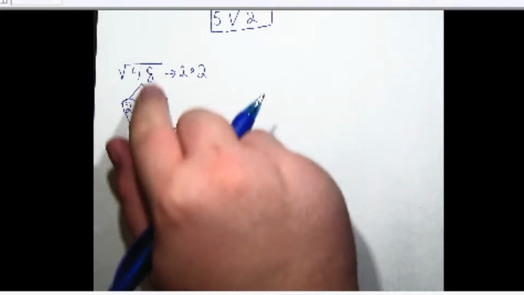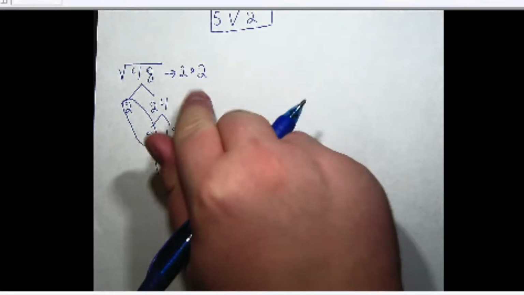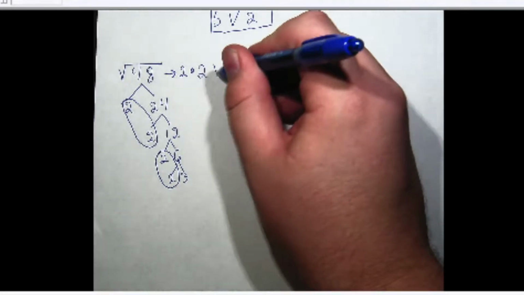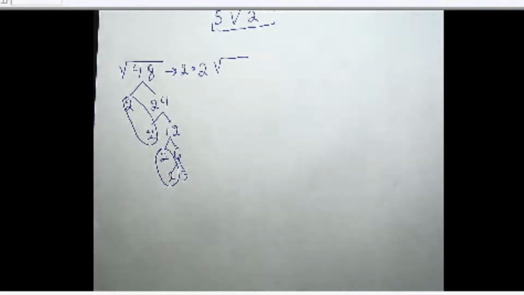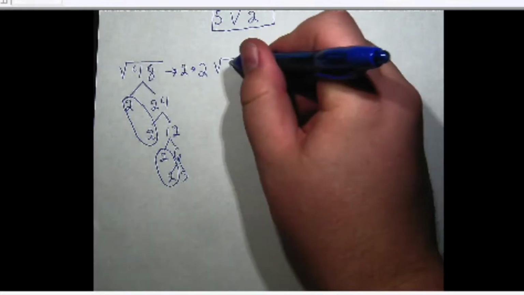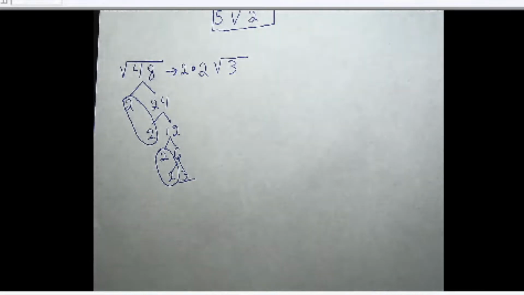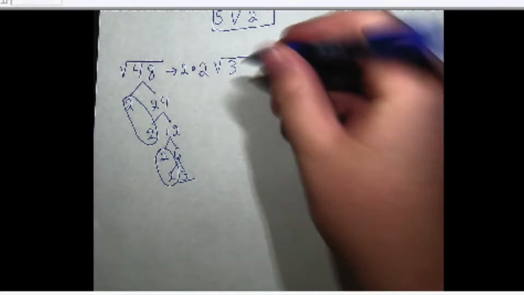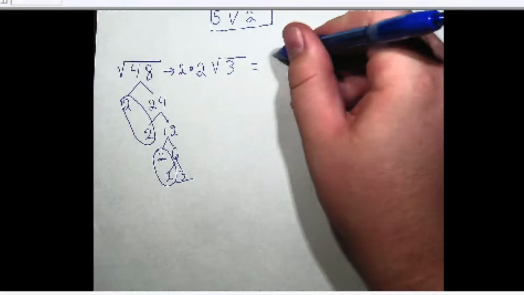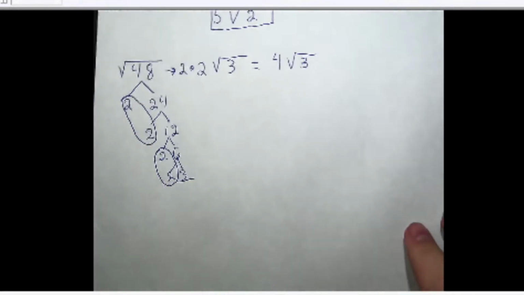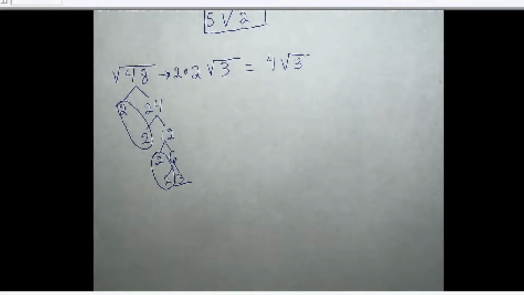If we were multiplying in here, we better still be multiplying here. All right? And then there's something left underneath that root. What is it? 3. All right, well, 2 times 2 is what? 4. So really this is 4 square roots of 3. Make sense? Good. What questions do we have?